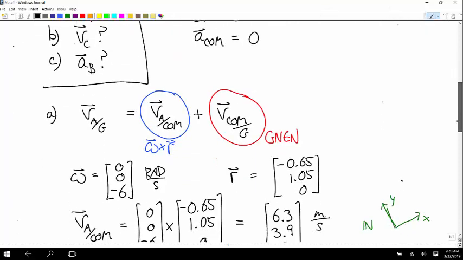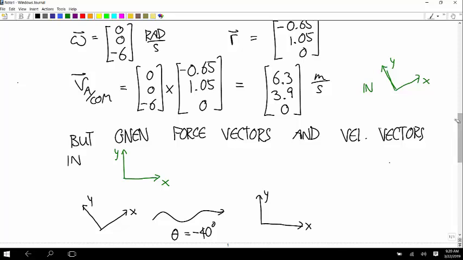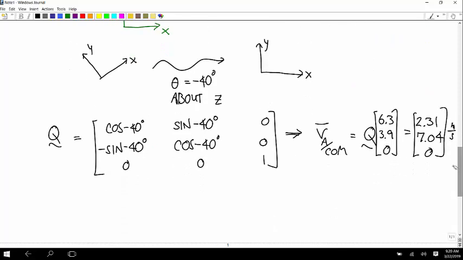Okay, so now, are we done? No. Actually, we're still on part A. But now we just use the relative motion equation. The acceleration of A relative to the ground is equal to 2.31, 7.04.